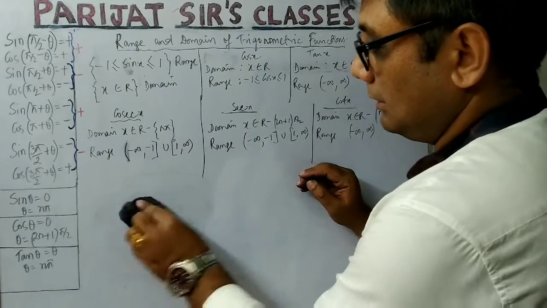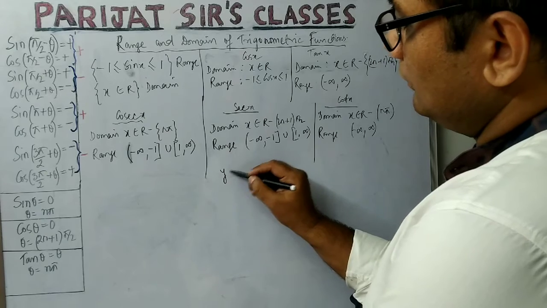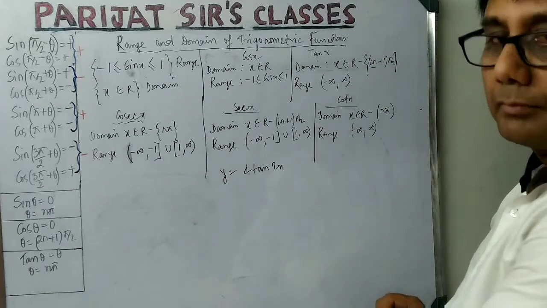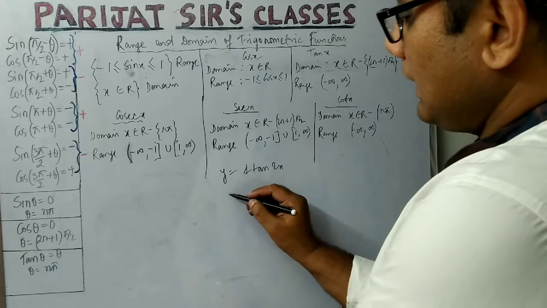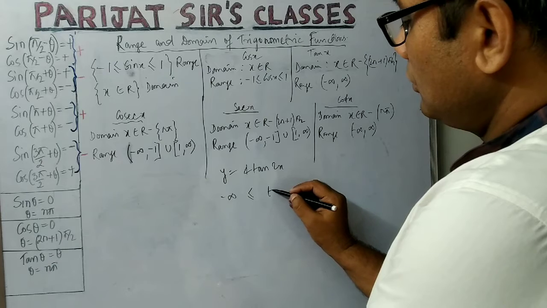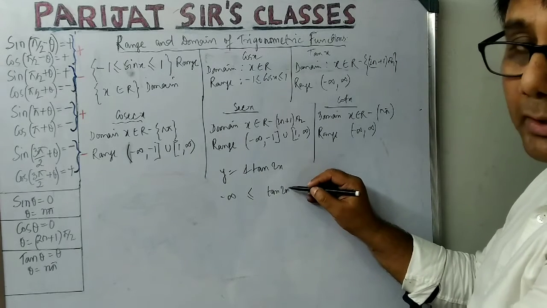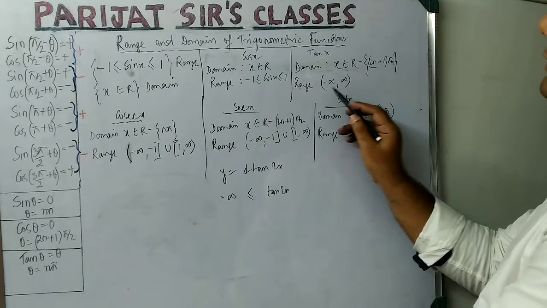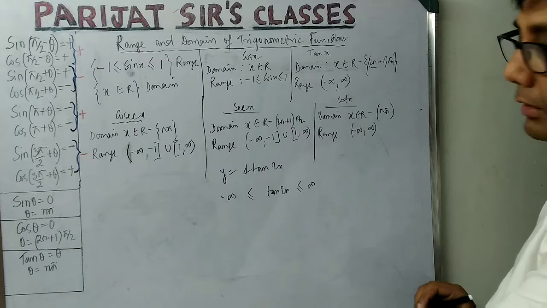Similarly, if I have the function y is equal to 4 tan 2x, I told you the angle does not have any control over the range. Now tan x's range was -infinity to +infinity.